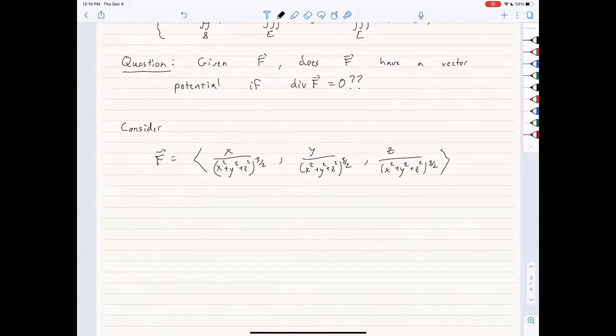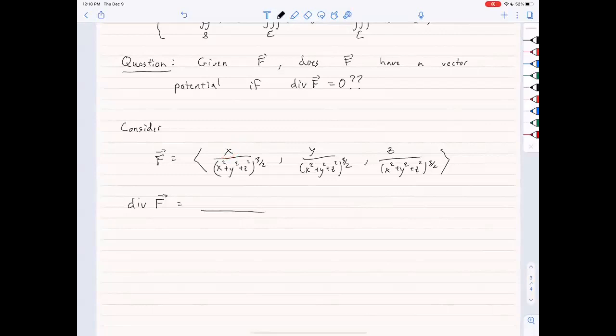Well, let's check the divergence. I have to take a derivative. I'll take the derivative of the numerator with respect to x, and that's 1.